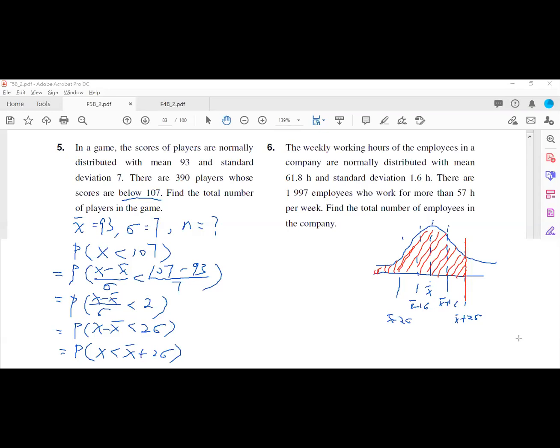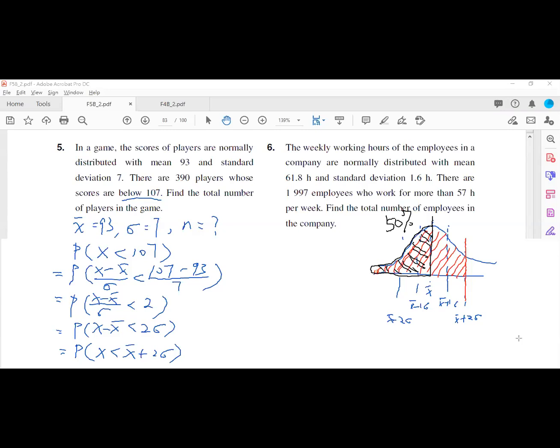The red part is actually overlapping the middle line x bar. So we are going to divide the red part into 2 regions. The first one should be this one, the black one. The black one will be exactly equal to 50% because it is half of the graph.